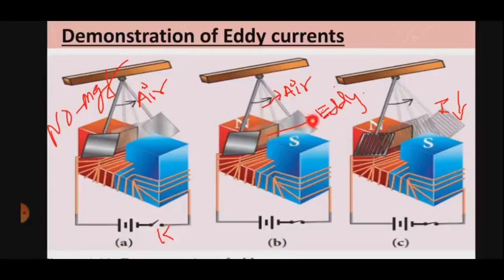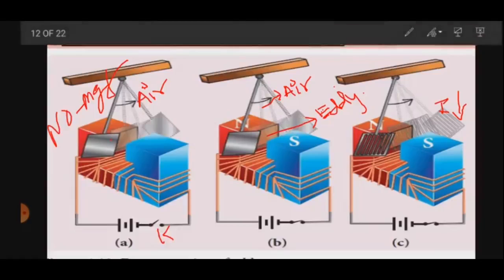This eddy current acts in a direction so as to oppose the motion of the conductor, providing a strong damping force, so the pendulum comes to rest within a few oscillations.